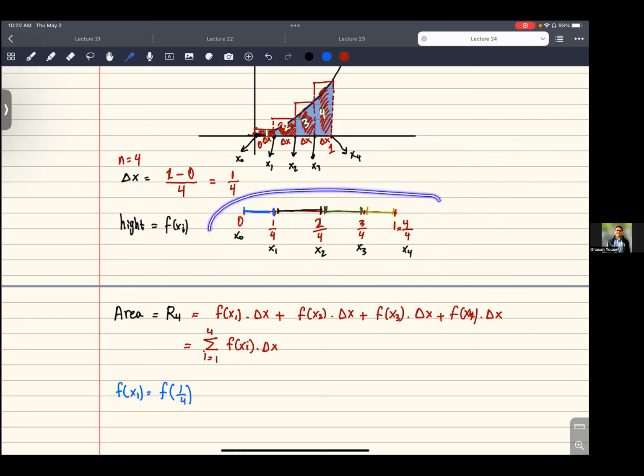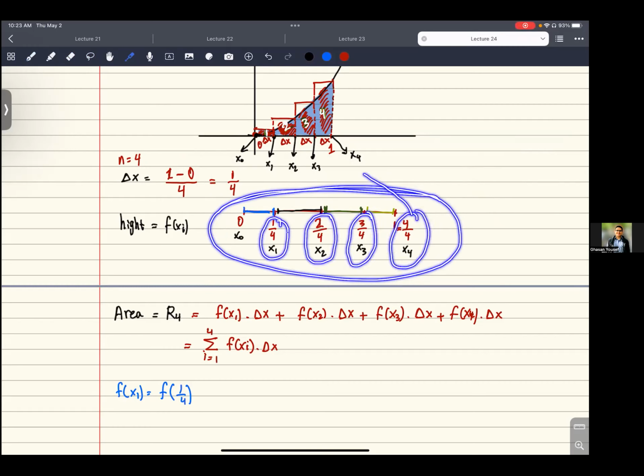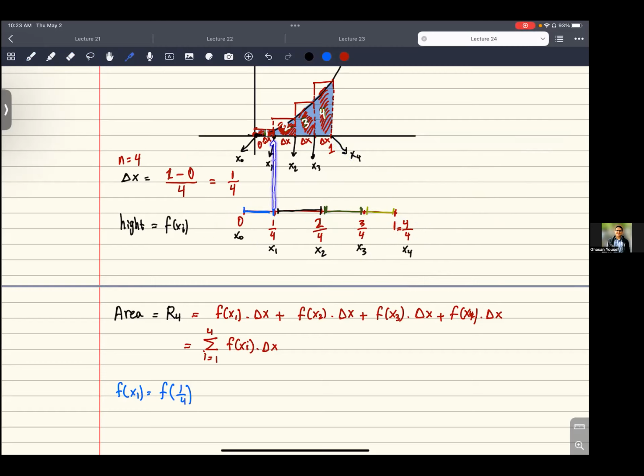This is f of 1 over 4, f of 2 over 4, f of 3 over 4, f of 4 over 4. x1 is the same as this point, x2 is the same as this point, x3 is the same as this point, and x4 is the same as this point. I'm going to graph a small line like this to show you exactly what I did here.